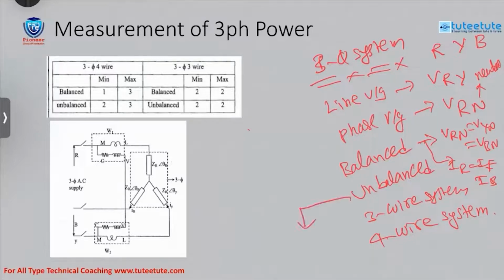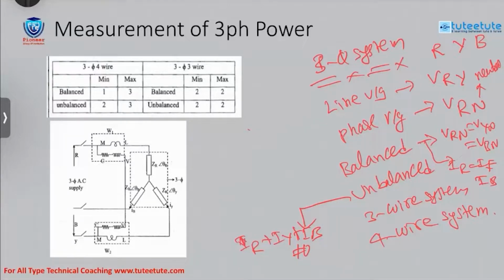Unbalanced means IR plus IY plus IB is not equal to 0. Here it is 0, since all are equal, if you do the phasor sum, the net current is 0 in a balanced system. In an unbalanced system it is not 0.